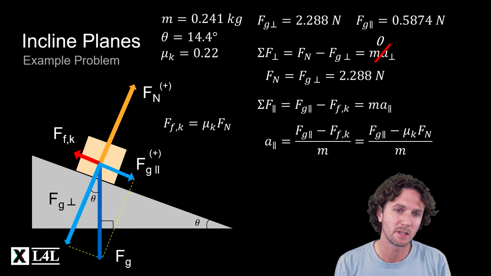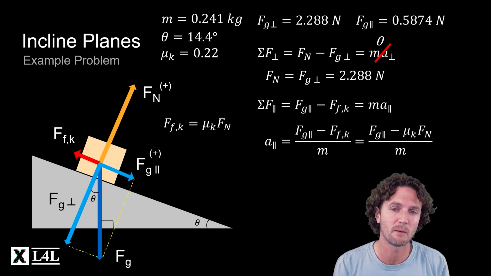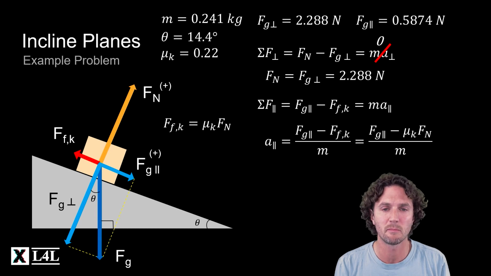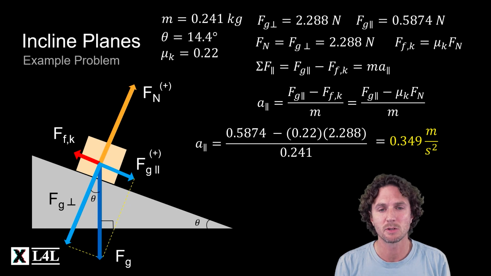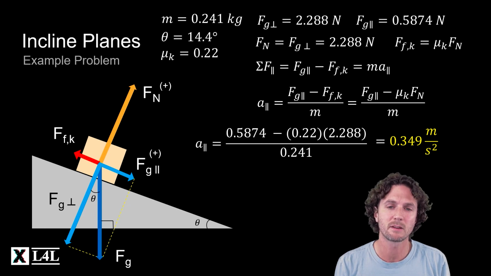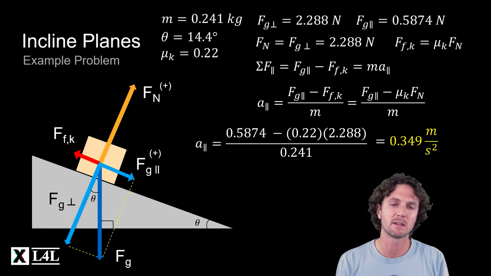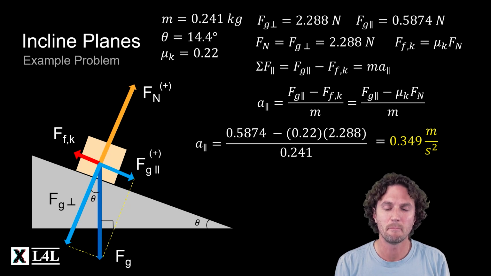Substituting in for the force of kinetic friction, the acceleration in the parallel direction is equal to the force of gravity parallel minus the coefficient of kinetic friction times the normal force, all divided by the mass. Plugging in, we have 0.5874 newtons minus the coefficient of kinetic friction of 0.22 times the normal force of 2.288, all divided by the mass in kilograms. We find the acceleration of this block down the inclined plane to be 0.349 meters per second squared.